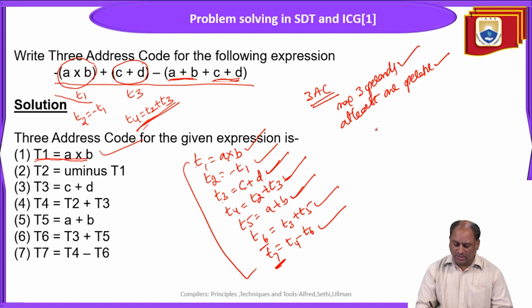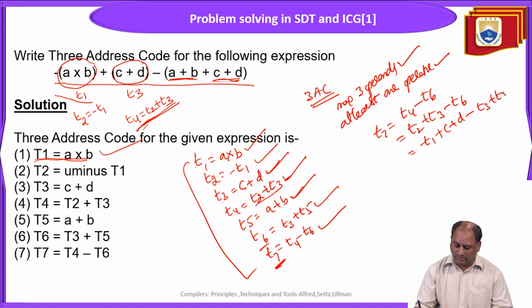The result is t7 equal to t4 minus t6. What is t4? t4 is t2 plus t3, minus t6. What is t2? Minus t1 plus t3. What is t3? c plus d. t6 is t3 plus t5.